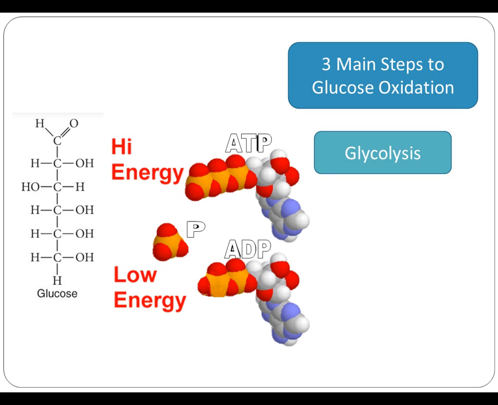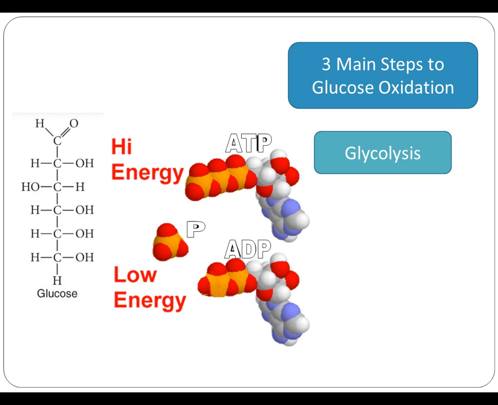Alright, so that's the crash course to glycolysis. It happens in the cytoplasm, takes a 6-carbon molecule called glucose, splits it in half to produce 2 3-carbon containing molecules called pyruvate. It also liberates or releases a couple of molecules of ATP, NADH, and hydrogen ions.